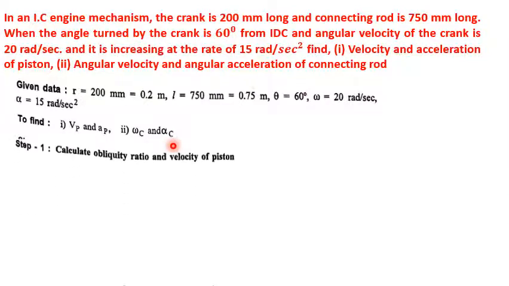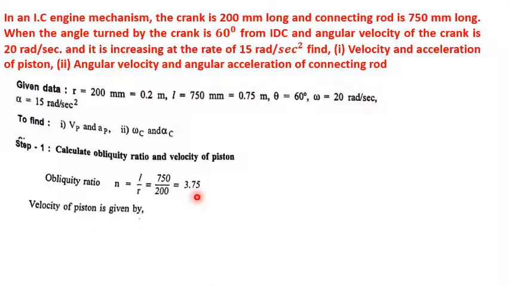First we have to calculate obliquity ratio and velocity of piston. So what is the formula? Obliquity ratio, small n is equals to L by R. L is 0.75 meter, or we can take this 750, no problem. And here R is 200, therefore obliquity ratio becomes 3.75.